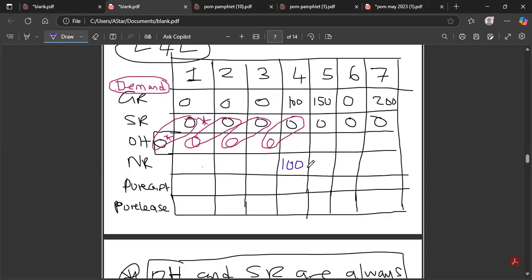Yes. So we're going to have net requirements of 100 in this week. That's the shortage that we have.